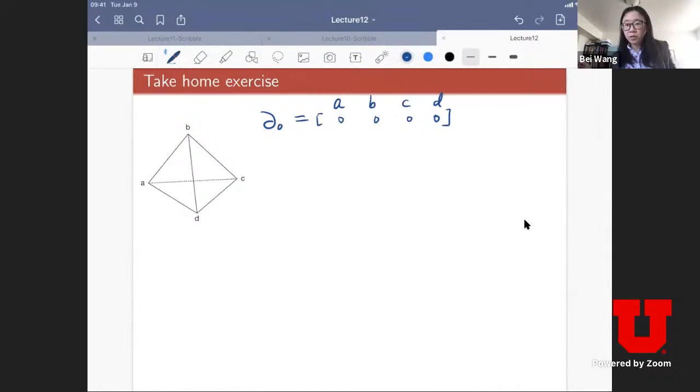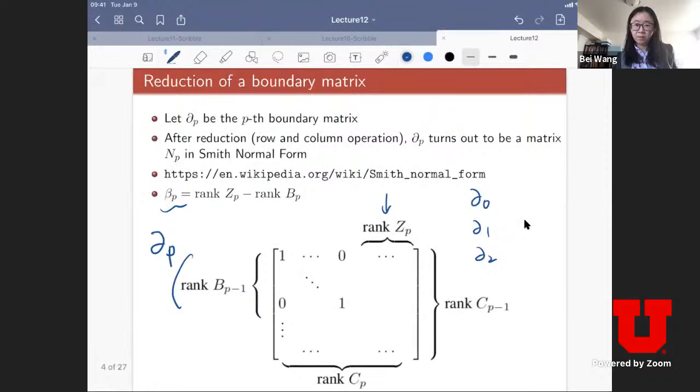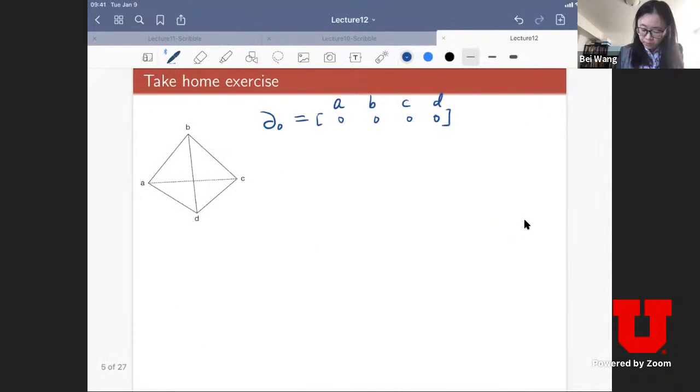There's nothing I need to do in terms of reduction. It's already reduced. And now remember what I said, that the number of empty columns is the rank of the cycle group. So the rank of Z0 is 4.